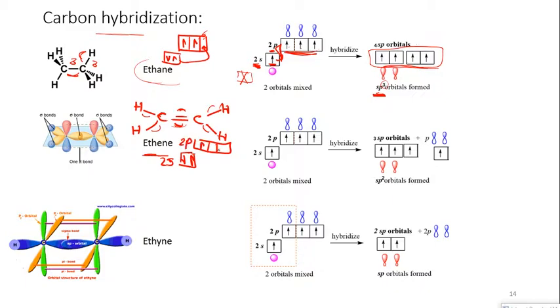Then these electrons will be excited, so this electron will be excited moving to that part. Then the hybridization will happen. In that case, the hybridization will happen between 2 p orbitals and 1 s orbital, forming 3 sp orbitals, and 1 p orbital will not be involved in this hybridization.